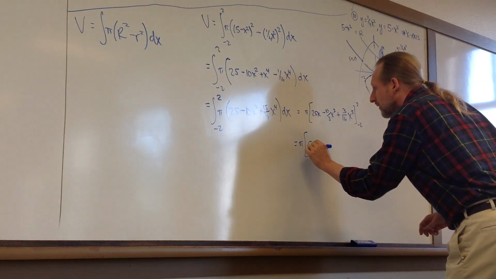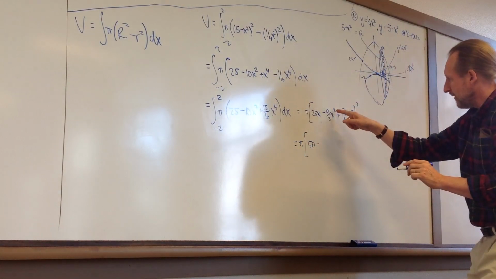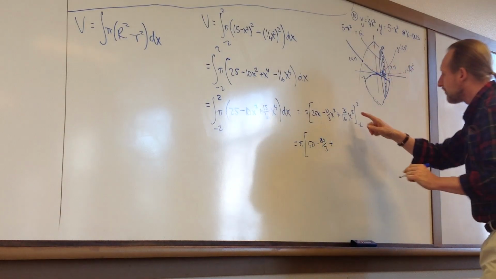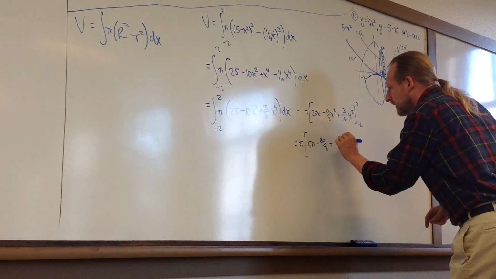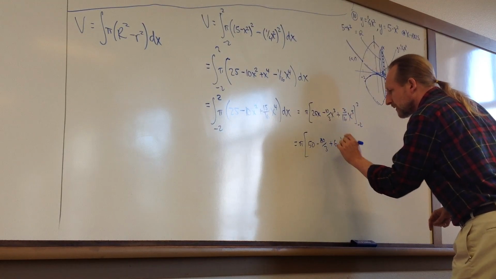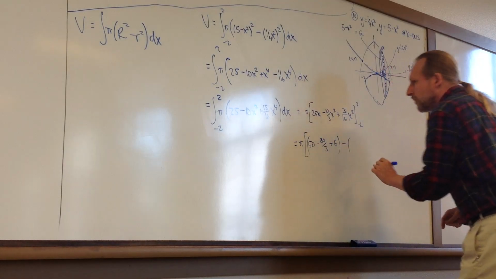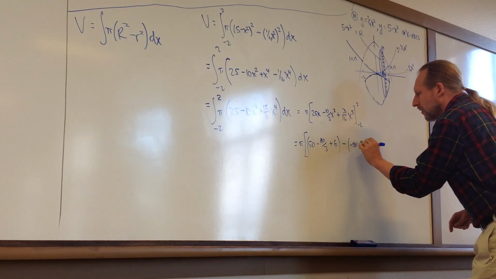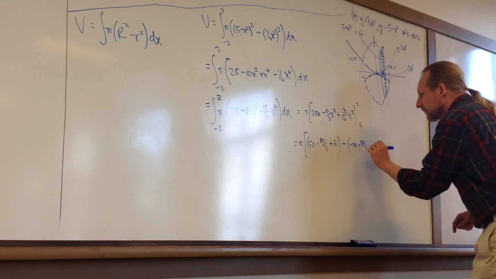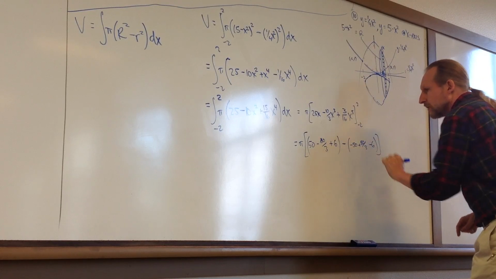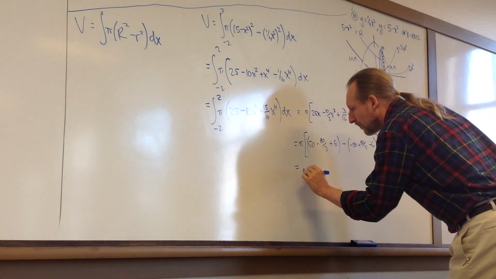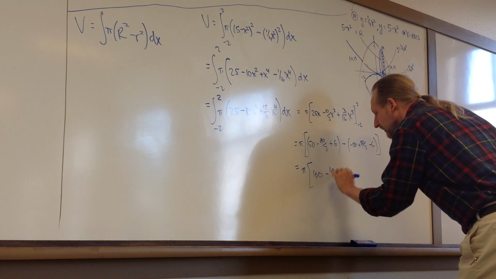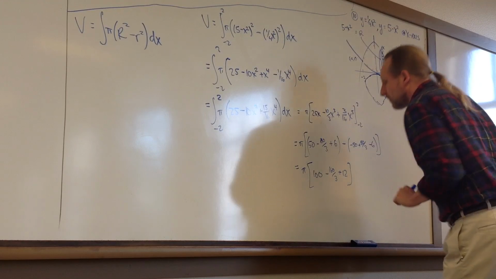Pi, that'll be 50, and then 80 over 3, plus 32 times 3, 96 over 16, so that'll be 6. And then minus -50, another 80 over 3, and then another 6. So this is going to come out pi times 100 minus 160 over 3 plus 12.